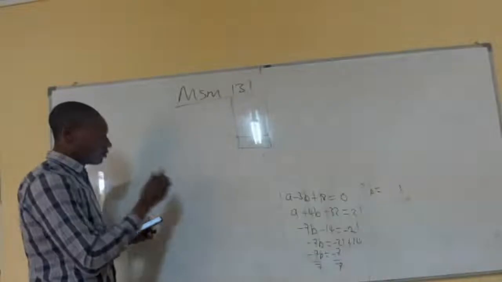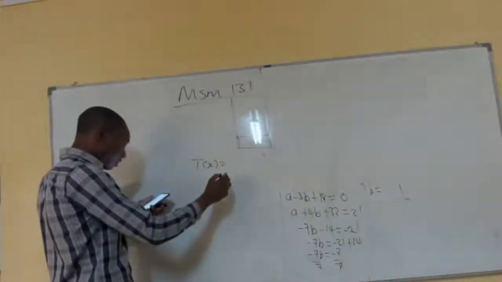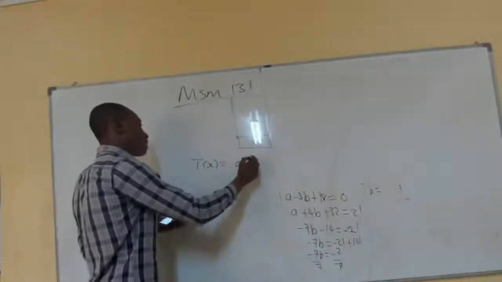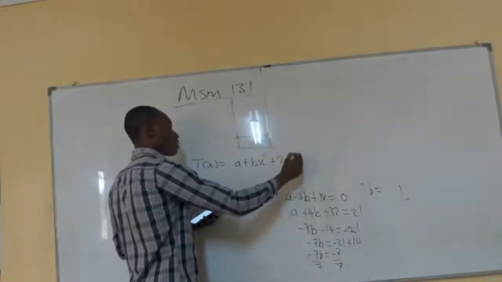So we now have, remember T(x) was given as A plus Bx plus 2x squared.